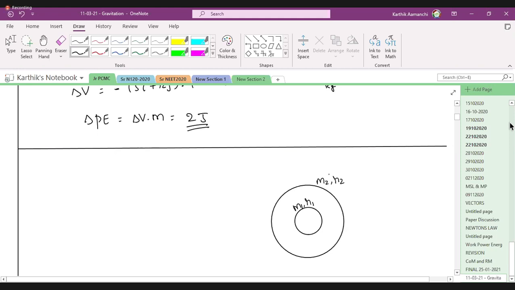Two concentric spherical shells. The gravitational field strength at point P is?